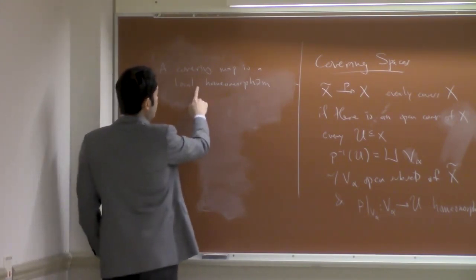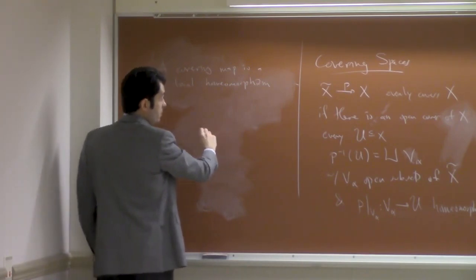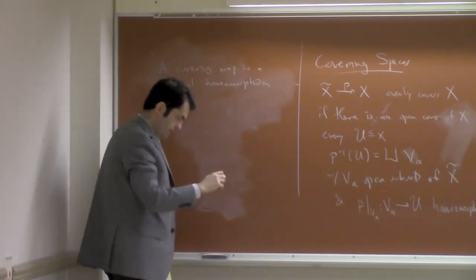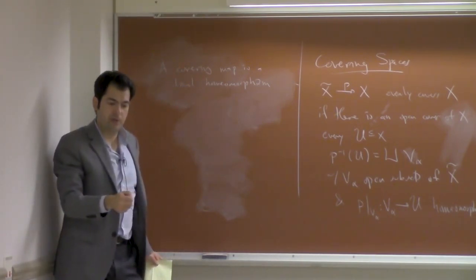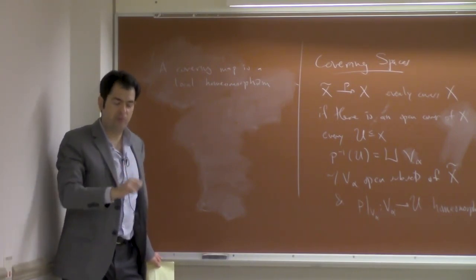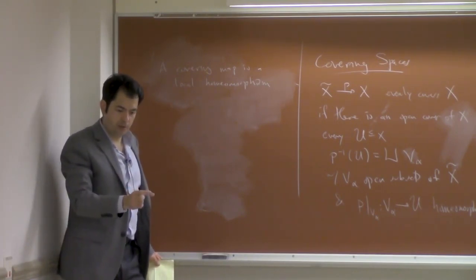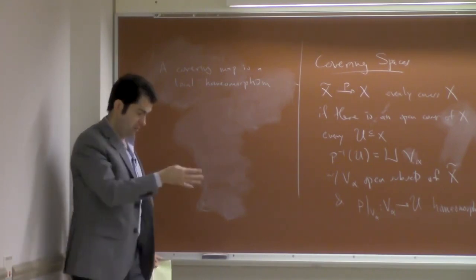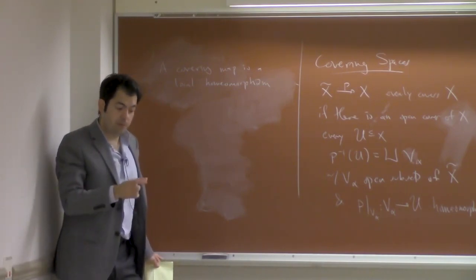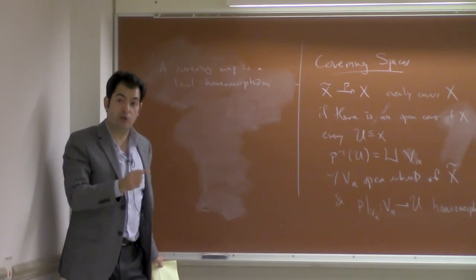So to say that a map is a local homeomorphism, what we mean is that for every choice of points, there are neighborhoods, in this case, for which P is a homeomorphism, but moreover, this is true for arbitrarily small neighborhoods.